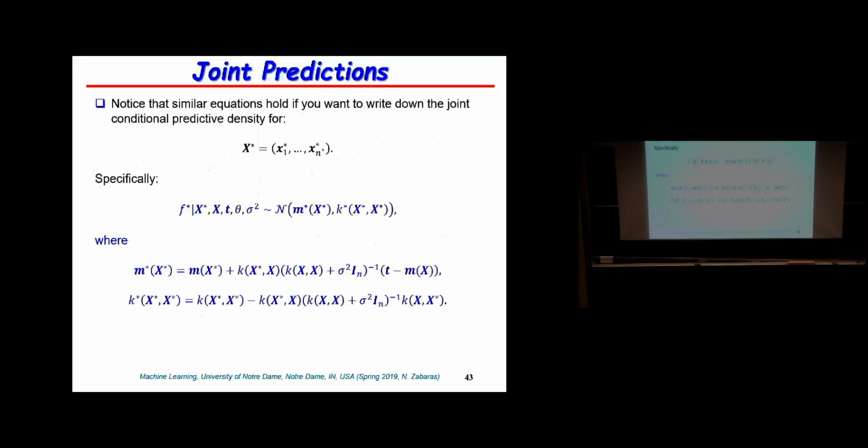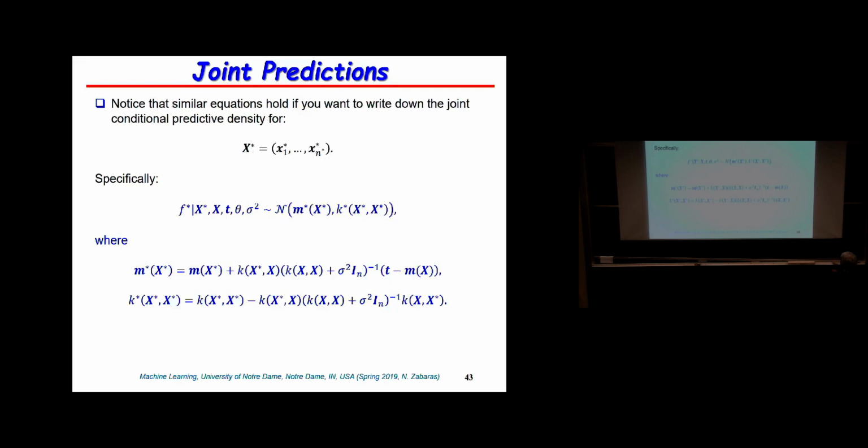So here's the formula I was telling you. If you have trained a GP for some inputs x and you have some observations t, this is the posterior GP evaluated at an arbitrary set of points x star. So this is not just at one point, but a vector of input points x star.